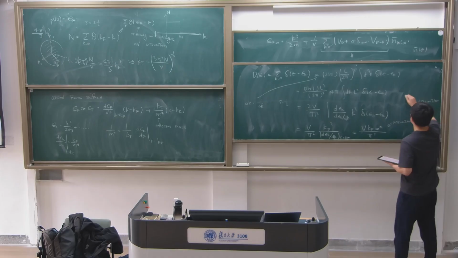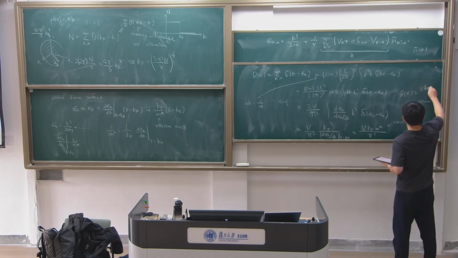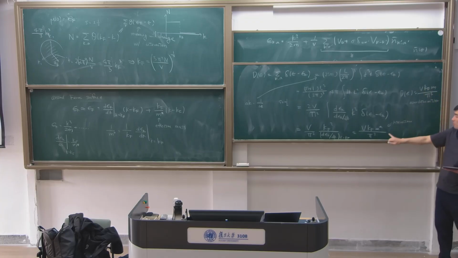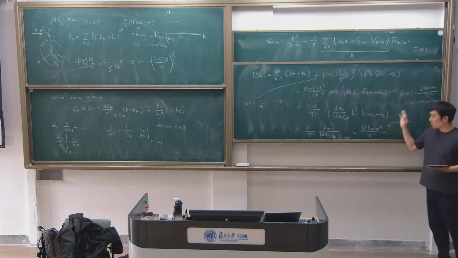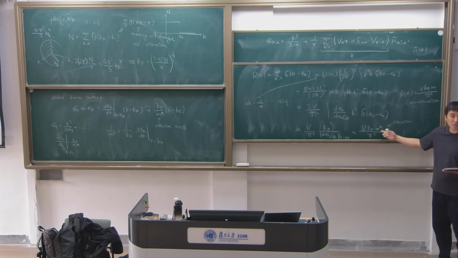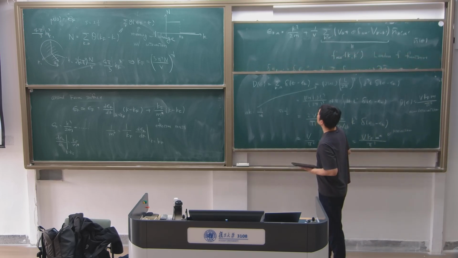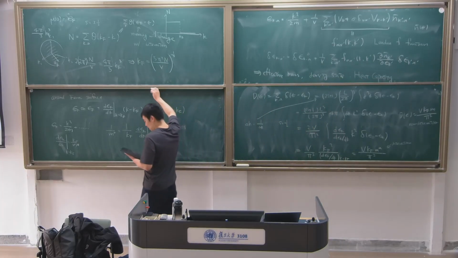As you recall, D of E is just k F m divided by pi squared. So with no interaction, we just have m here. But with the interaction, it becomes m star. That's the only difference. So all the interaction information is encoded in m star.